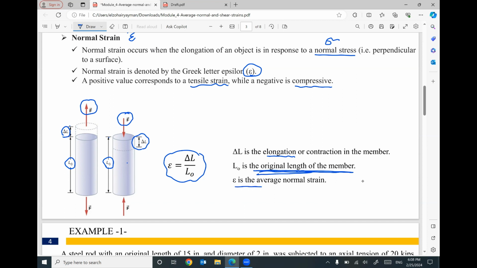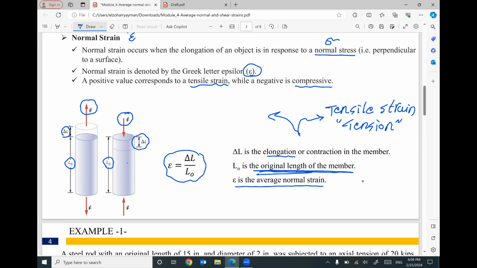Epsilon represents the average normal strain, and this normal strain can be tensile strain if the applied force is a tension force, or the applied stress is tensile stress.